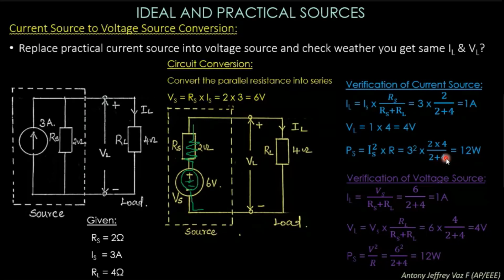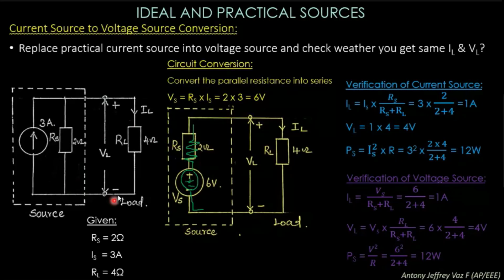Don't worry how this came here. In the next few classes, we will be seeing about series resistance and parallel resistance, where you will become familiar with these things. So now you know IS is the source current, that is 3 amperes, whereas the effective resistance, that is the equivalent resistance, is this 2 ohm and this 4 ohm.